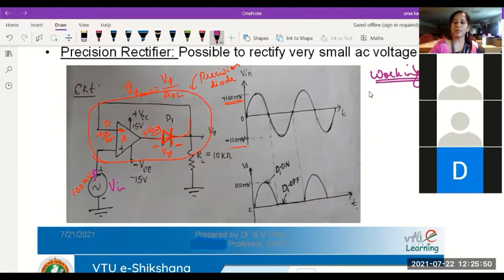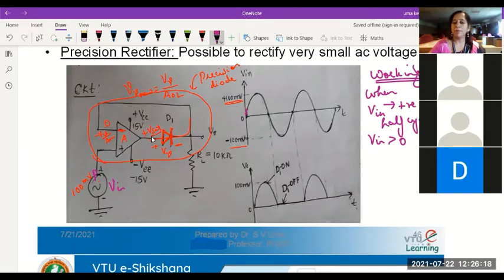So what happens now? When Vin is in its positive half cycle, whenever Vin is going towards its positive half cycle, it is increasing like this. As soon as Vin exceeds 0 and becomes positive, what will happen?